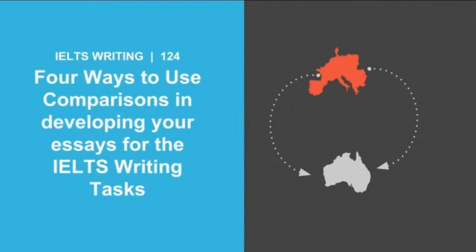This episode is all about using comparisons. How to use comparisons in IELTS Writing Task 2 and also IELTS Writing Task 1, the academic one. We're going to go into a little bit of detail, and if you want to get the maximum value from this podcast, I strongly recommend that you take a pen and write down different notes, write down the examples, and then even compare your notes with the actual blog post.